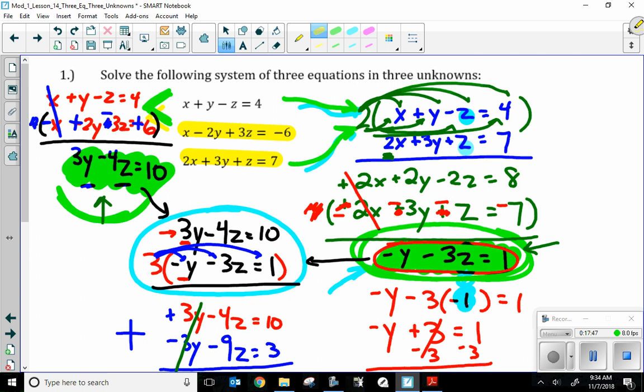I could have picked the first one and the third one here, and I could have said, hey, the Z is the same thing. I could have gotten rid of the Z first and just had my X and Y. There are multiple ways to do this. But here's the one thing that's common between every single way you could have picked to do this.